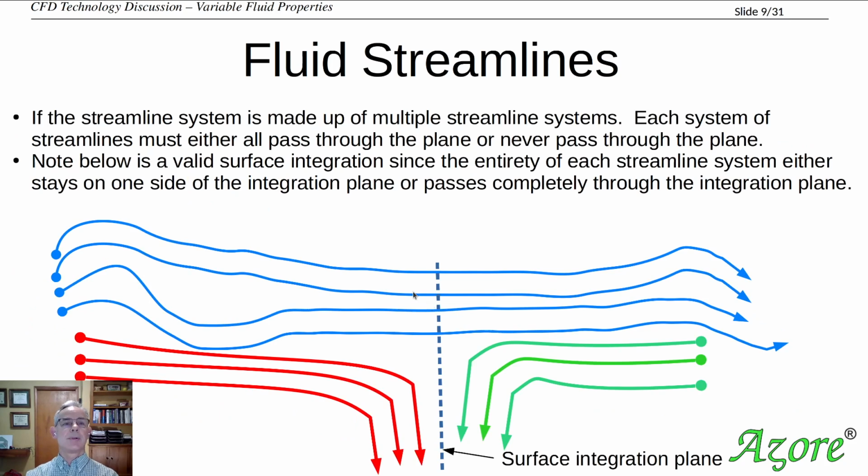Here's another example. If the streamline system is made up of multiple streamline systems, each system of streamlines must either all pass through the plane or never pass through the plane. Here we have a group of path lines on the left and a group of path lines on the right, and you'll notice that the red ones do not cross our surface integration plane, nor do the green ones, yet this blue set of path lines does.